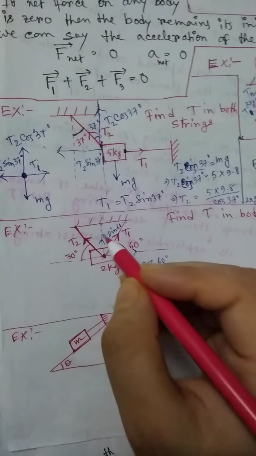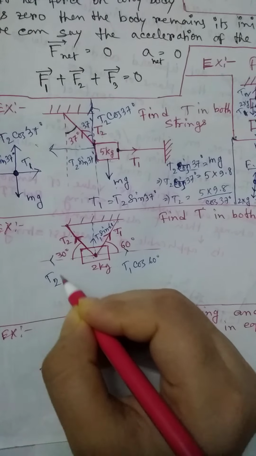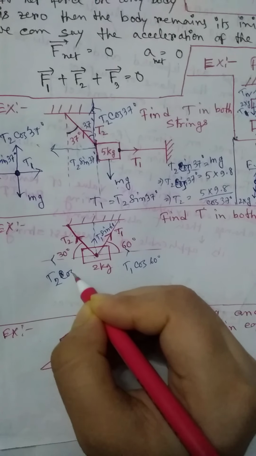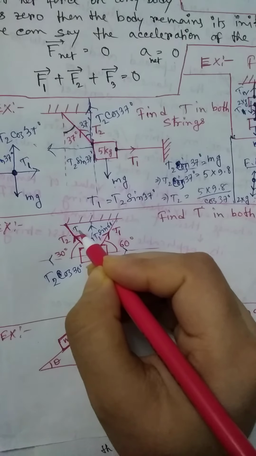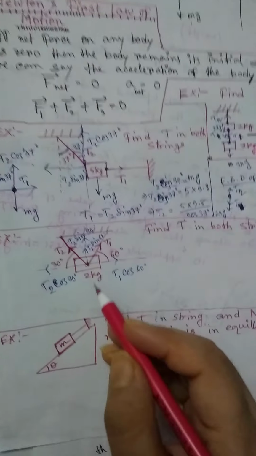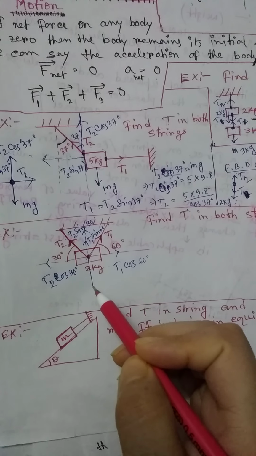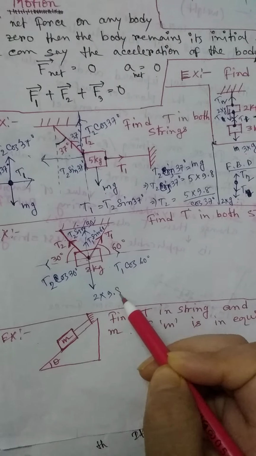This one also has two components. Along this direction T2 cos 30, and along this direction T2 sine 30 degree. And this body experiences gravitational force along this side, which is 2 into 9.8.